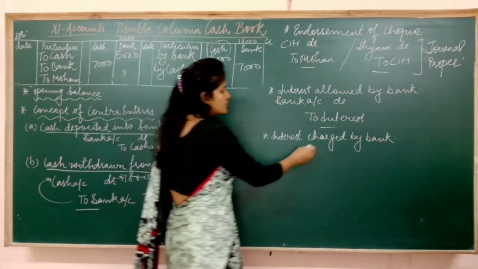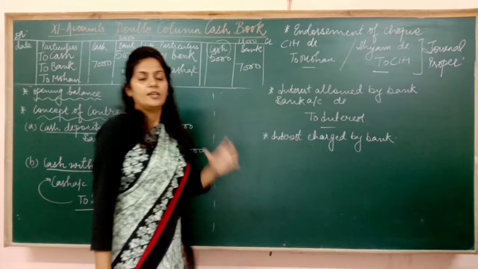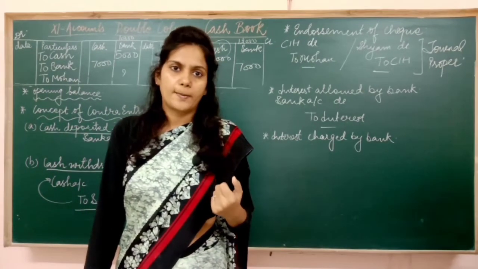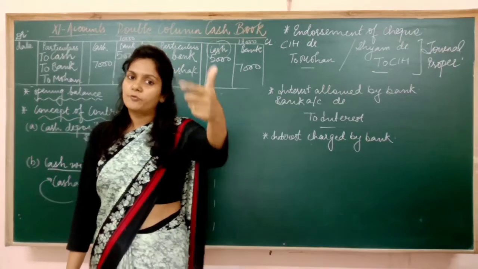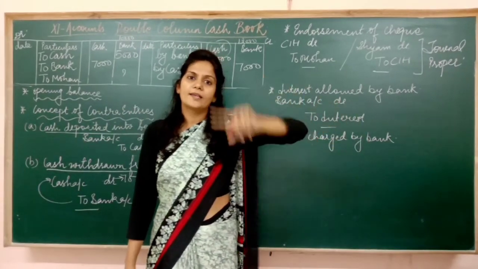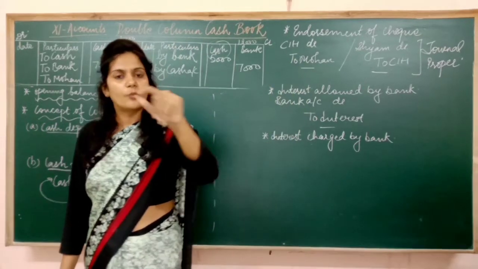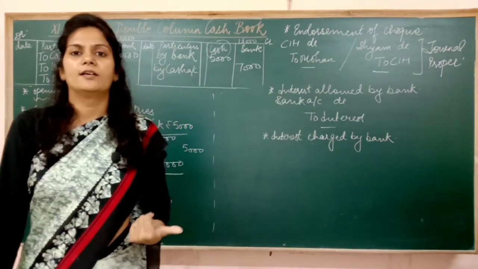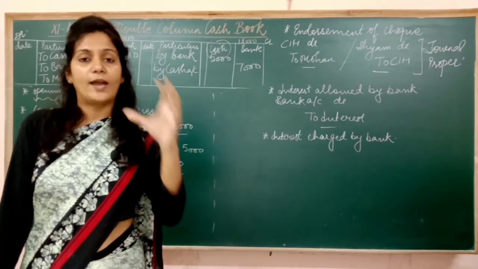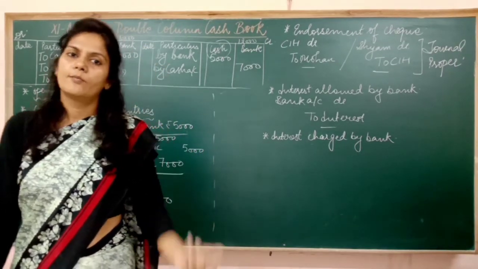Same way, interest charged by the bank. Interest charged by the bank means suppose you have taken a loan from the bank, then obviously you have to pay interest to the bank. Now the bank is asking for the interest from you. Bank आपसे interest लेगा. कैसे लेगा? आपके घर थोड़ी आएगा आपसे interest लेने के लिए. What bank will do? Bank will take out money from your account.